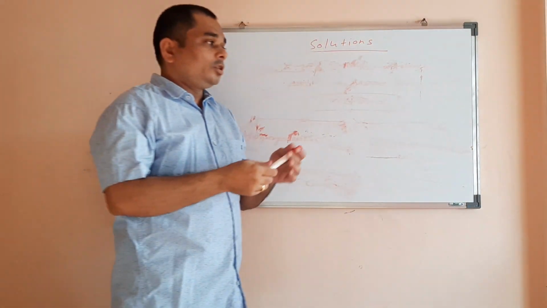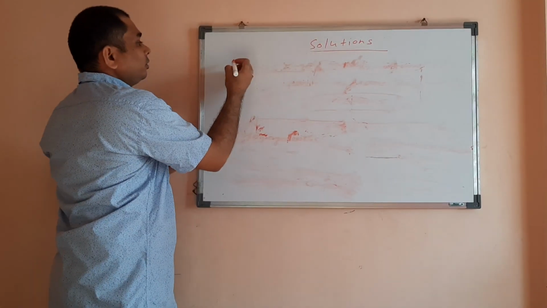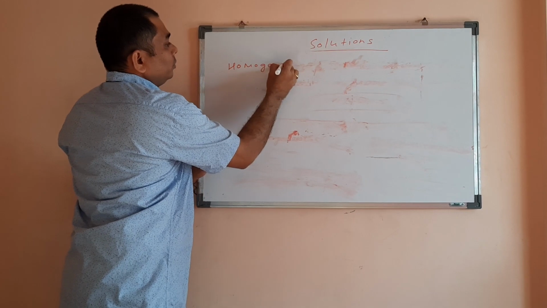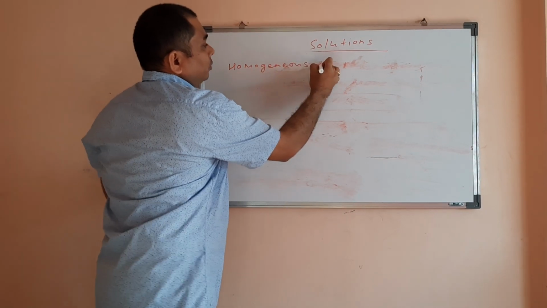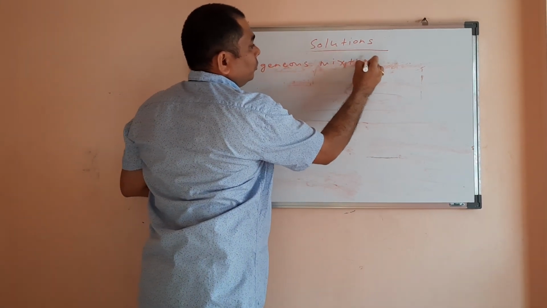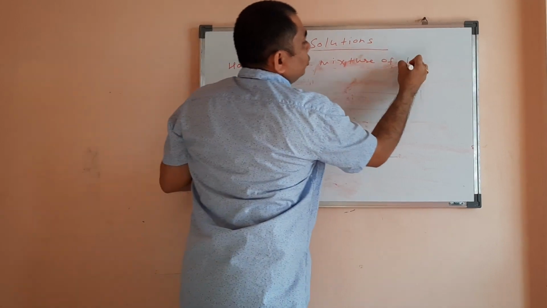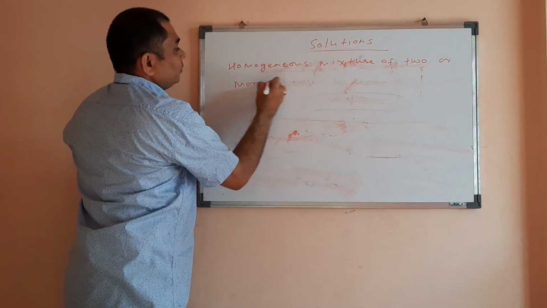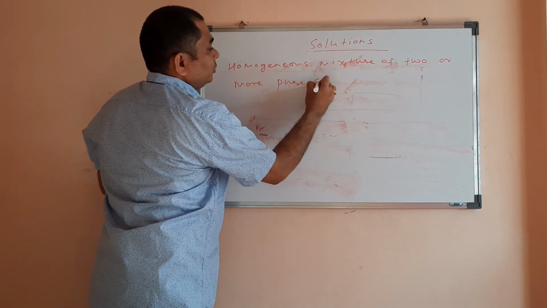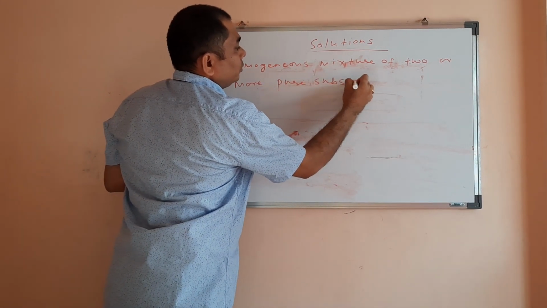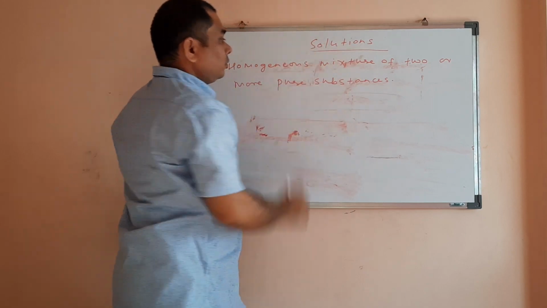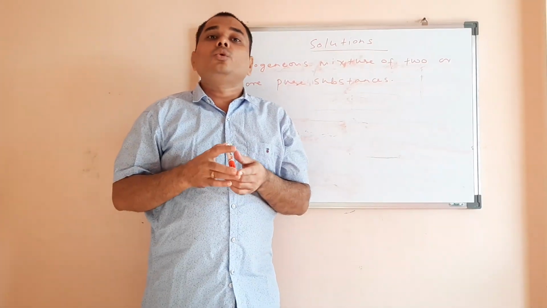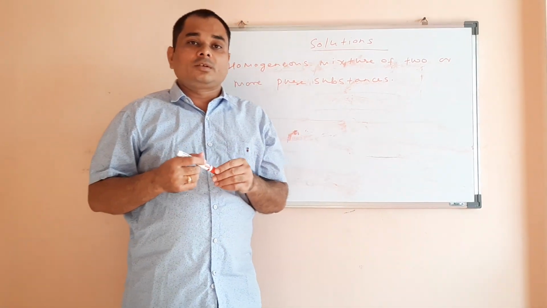So what is a solution then? The solution is a homogeneous mixture of two or more pure substances. Okay, so the solution is a homogeneous mixture of two or more than two pure substances.